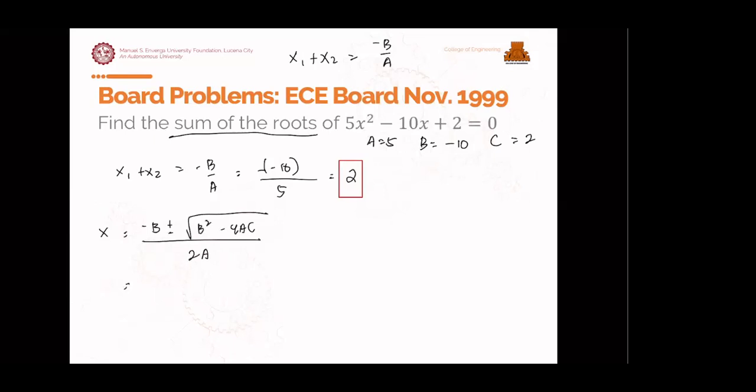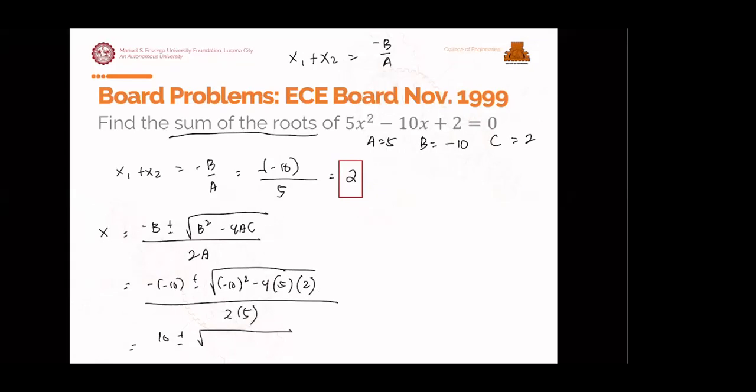Substitute natin yung values. We have negative negative 10 plus minus square root of negative 10 squared minus 4 times 5 times 2, all over 2 times 5. So, this will be 10 plus minus, and then ito, 100 minus 40, so square root of 60.